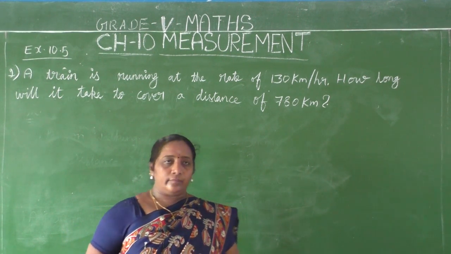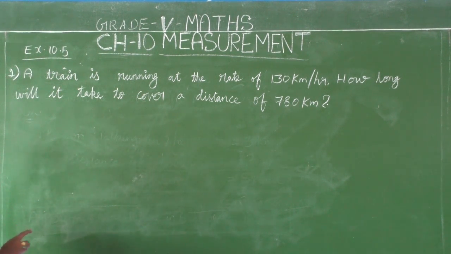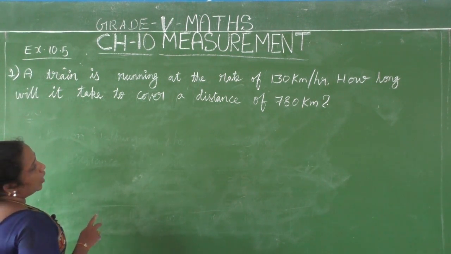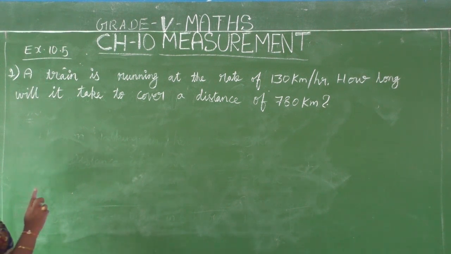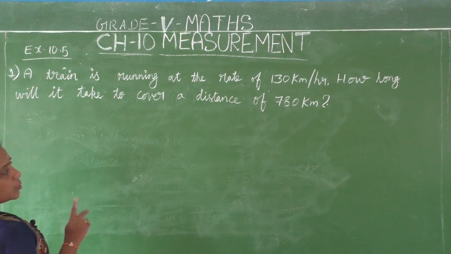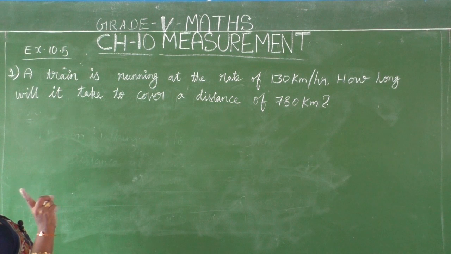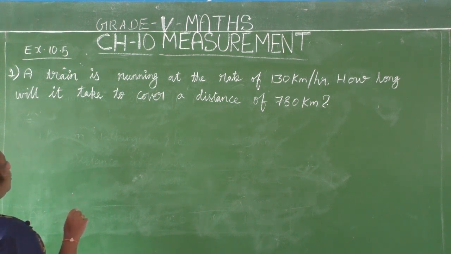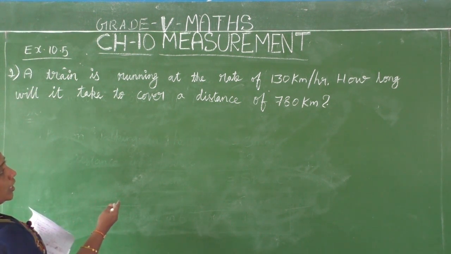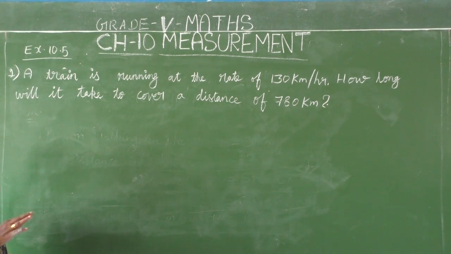Okay, listen. A train is running at the rate of 130 kilometer per hour. That means the train speed is 130 kilometer per hour, that means in 1 hour. Okay, how long will it take to cover a distance of 780 kilometer?